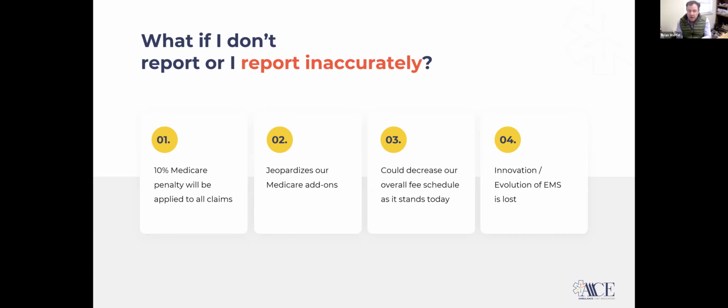This is more a situation where your data will be aggregated with thousands of other providers and then examined. So certainly close enough is good enough for these purposes. So just keep that in mind as we go through some of the specific fields. And when you get down to actually submitting your report, don't get hung up on something, if you can only get a rough estimate, that may be okay.